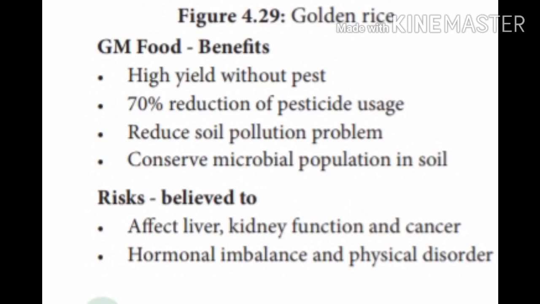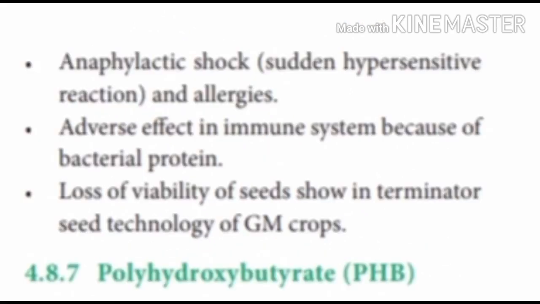Risk என்னன்னு பார்த்தீங்கன்னா: affects liver and kidney function, cancer, hormonal imbalance and physical disorders take place. Anaphylactic shock, sudden hypertensive reaction and allergies. The next risk would be adverse effect on the immune system because of bacterial protein, and loss of viability of seeds. So these are the disadvantages of genetically modified food.